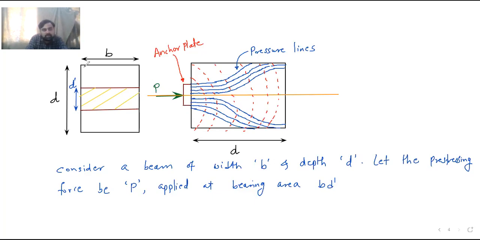Okay. So what is the area? B is the width, D dash is the depth. B D dash on the end face of beam as shown in figure.